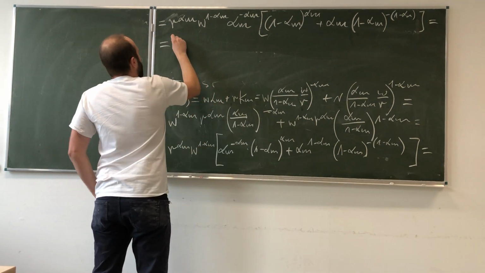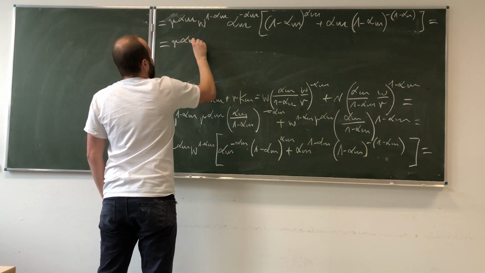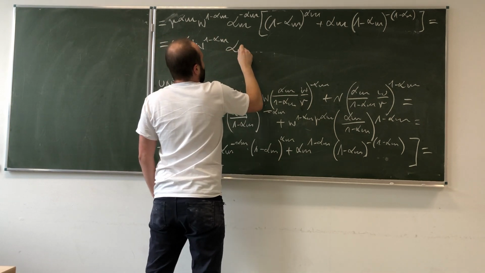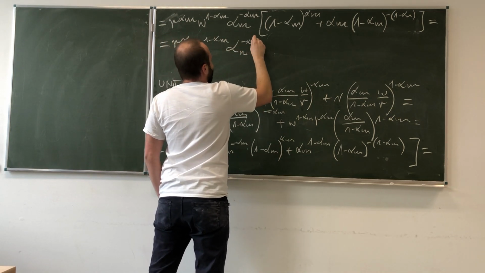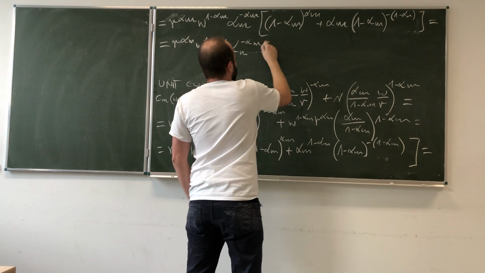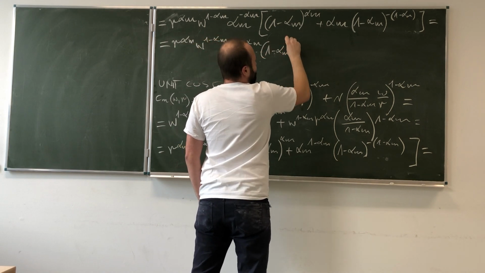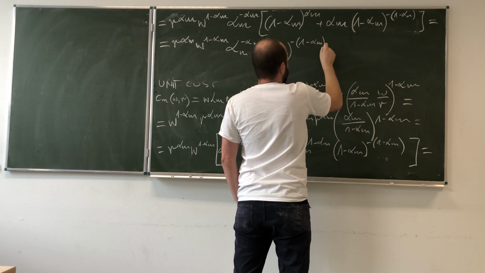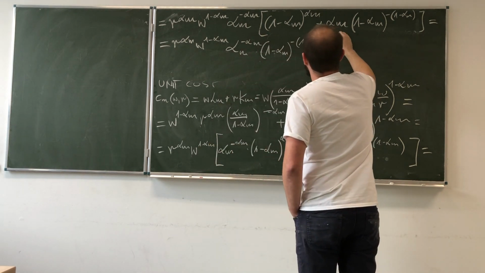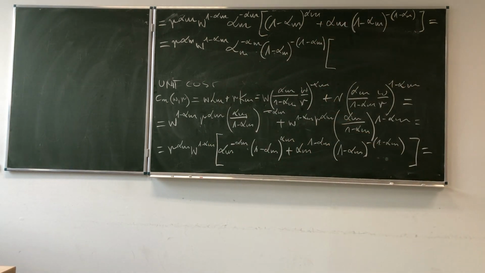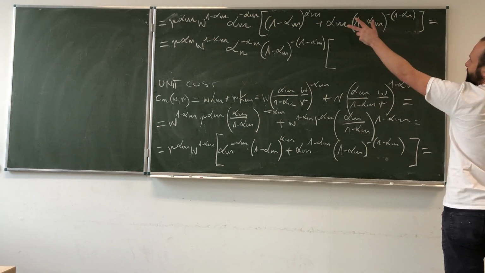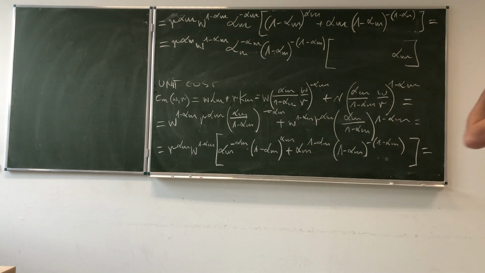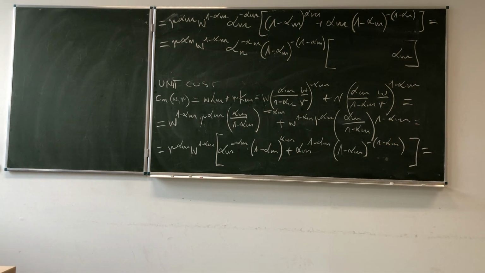So we got r alpha m times w 1 minus alpha m times alpha m to the power negative alpha m times 1 minus alpha m to the power minus 1 minus alpha m. And what do we have left in the parentheses? Well, this part is gone, so somewhere at the end we have just alpha m, right?